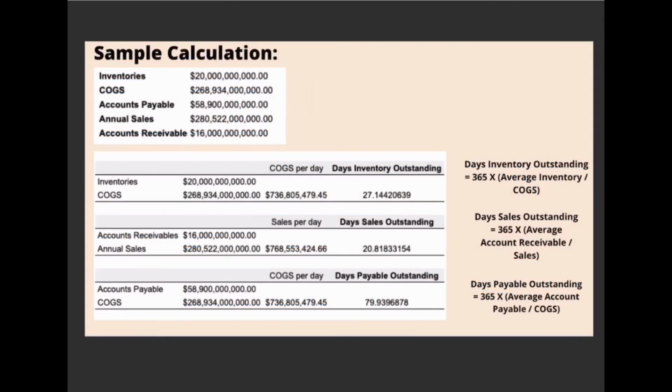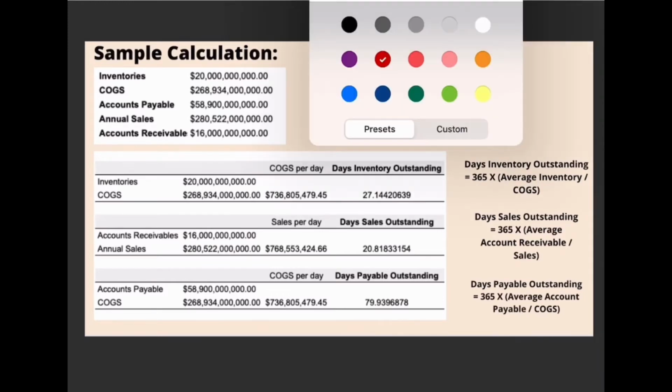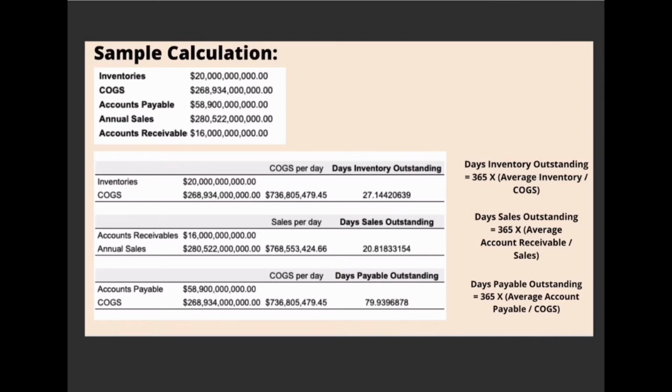Now let's use this example for us to practice how to find the cash conversion cycle of a certain company. So we have here our given data: inventories, cost of goods sold, accounts payable, annual sales, and accounts receivable.